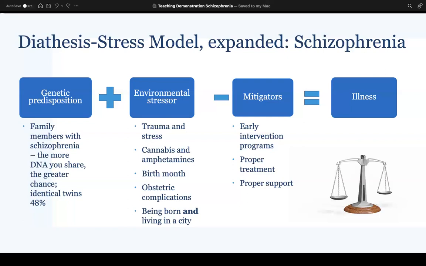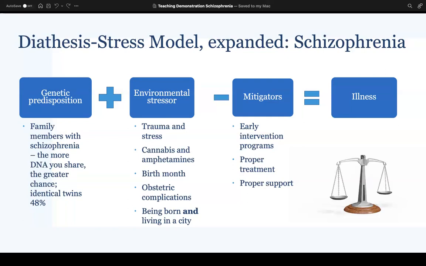If you can prevent somebody from having their first full-blown psychotic episode, sometimes you can prevent psychosis and the development of schizophrenia in general, right? And this is a huge, huge value to the person and also to society, right? And so early intervention programs are really, really important.